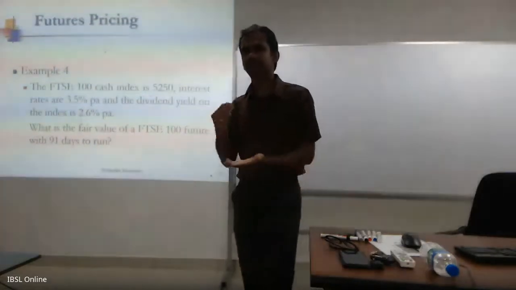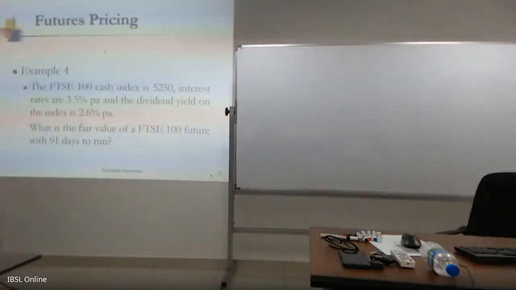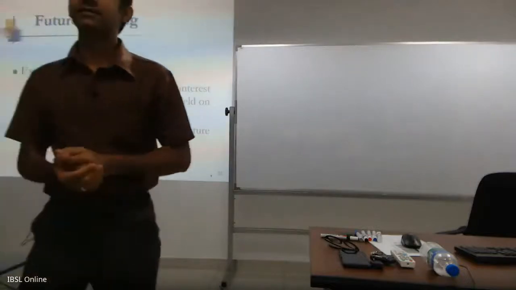Like today you can buy a next March future, and the same futures you can buy for next January as well. So it's the remaining maturity. That's why it says 91 days to run.